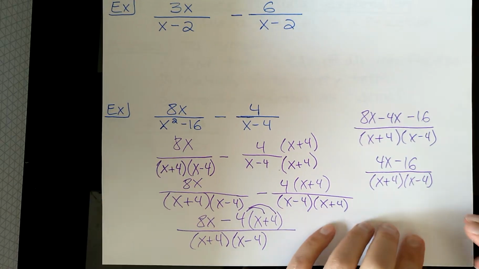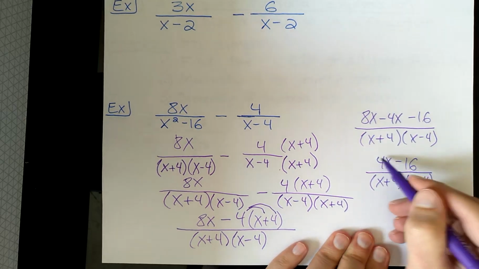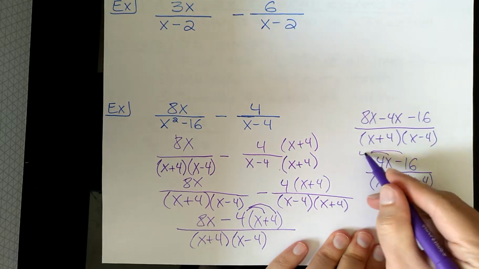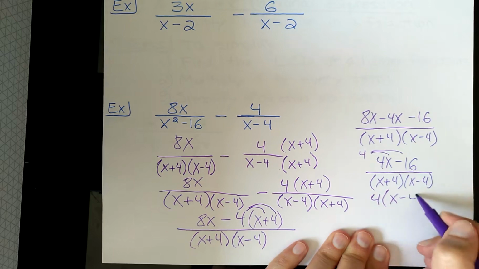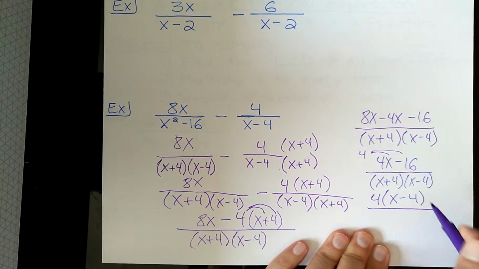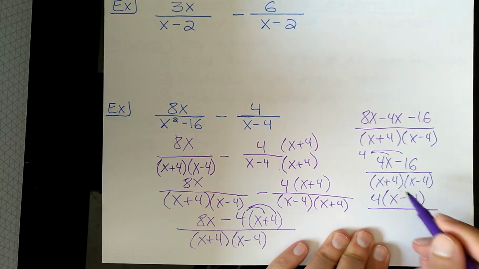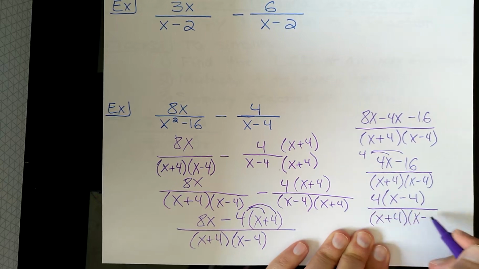And now we factor once again. So 4 is a common factor in the top. We will factor it out, which gives us 4 times x minus 4. 4x divided by 4 is x. Negative 16 divided by 4 is minus 4. All over x plus 4 times x minus 4.